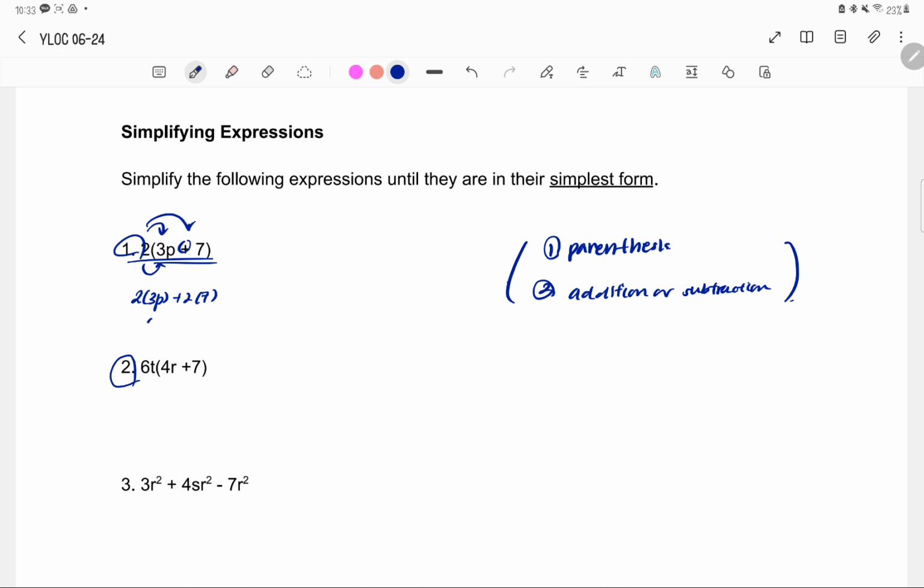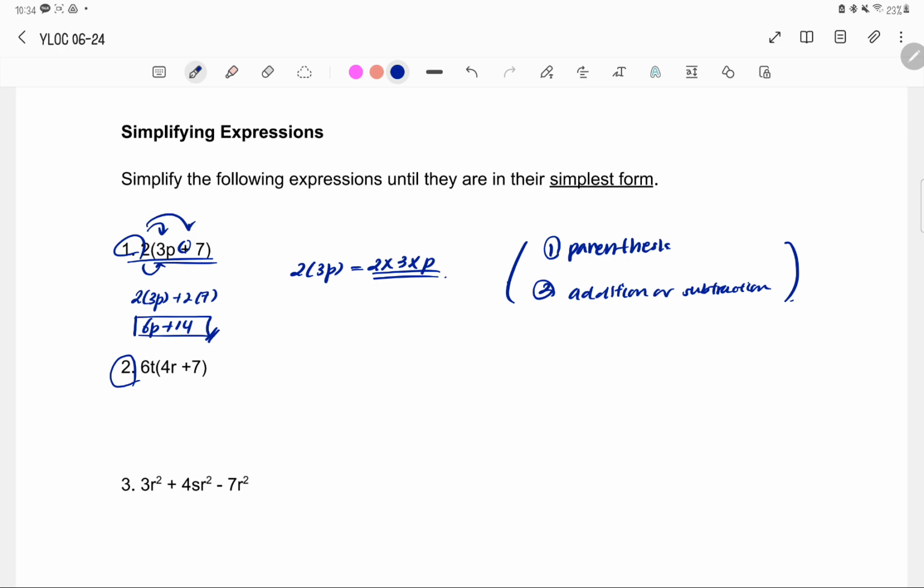It's just 6, right? And 3p is literally saying 2 times 3 times p, so it's just 6p. And 2 times 7 is 14. So the answer in simple form is 6p plus 14.